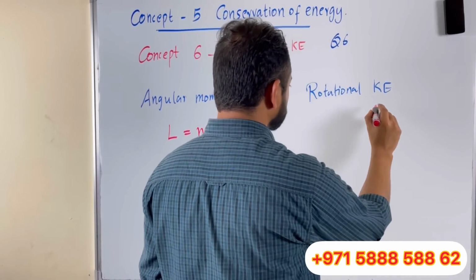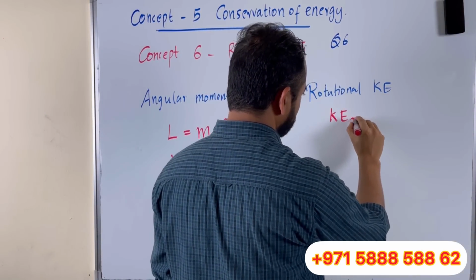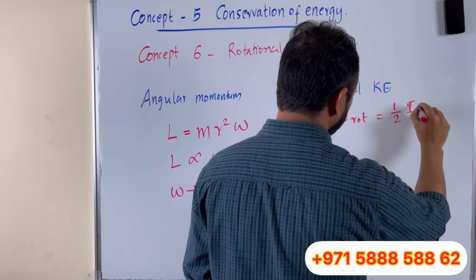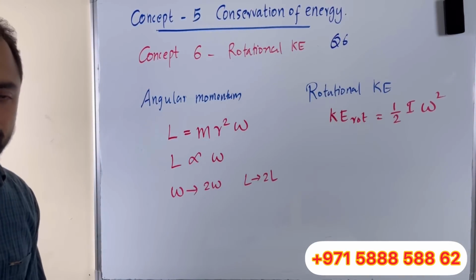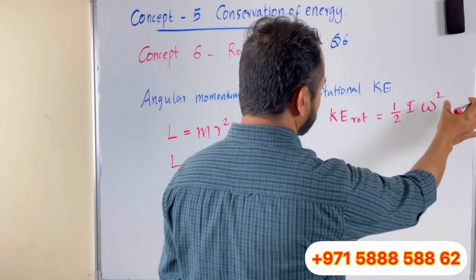So what is the equation for rotational kinetic energy? I will write KE rotational is equal to half multiplied by I multiplied by omega squared, where I is called the moment of inertia and omega is the speed.